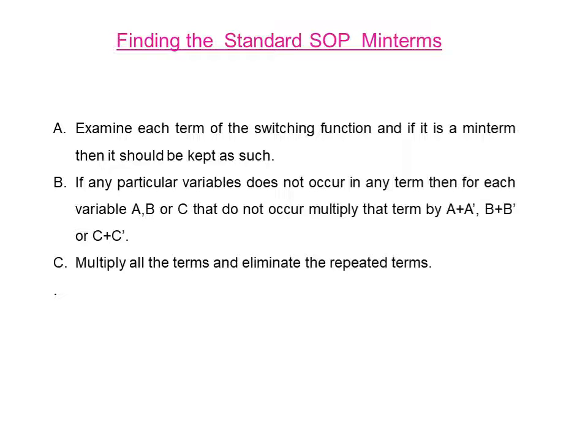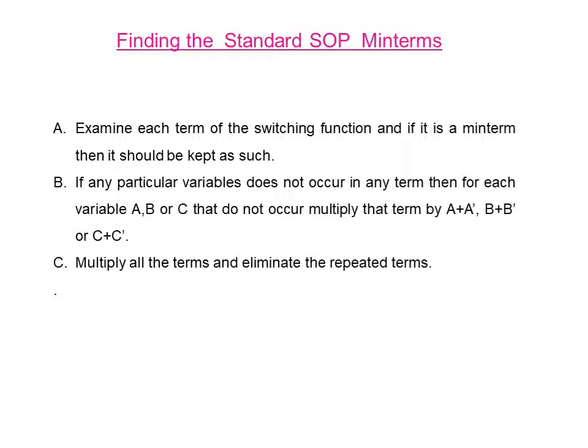The standard SOP form means each minterm should contain all the variables. So first we have to examine each minterm, and if all the variables are present in the minterm, then we keep it as such. Otherwise, the missing variable we have to multiply with.